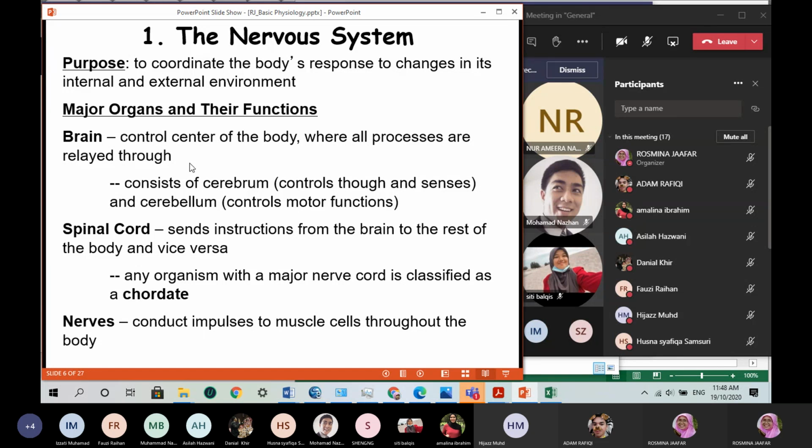Okay, the brain acts as the control center of the body, where all processes are relayed through the brain. It consists of the cerebrum and cerebellum. The cerebrum controls the senses and movement of the body, motor control and sensory action.